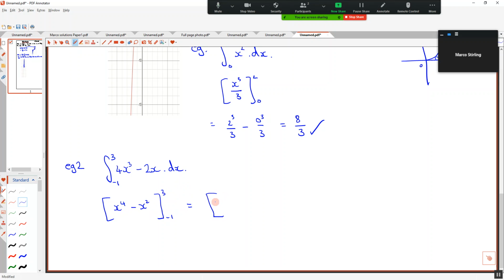So I get 3 to the power of 4 minus 3 squared, correct? Then we put in our -1, and I'm going to be careful because it's -1 all to the power of 4. Subtract off -1 all squared. And we subtract these two things, okay?